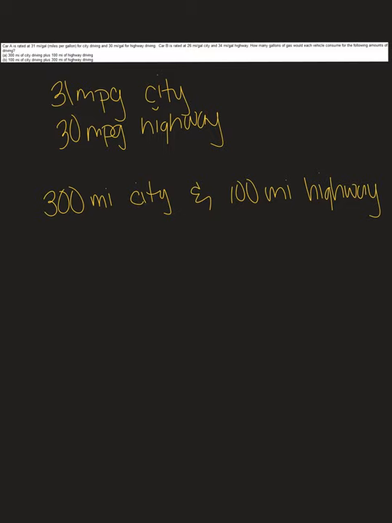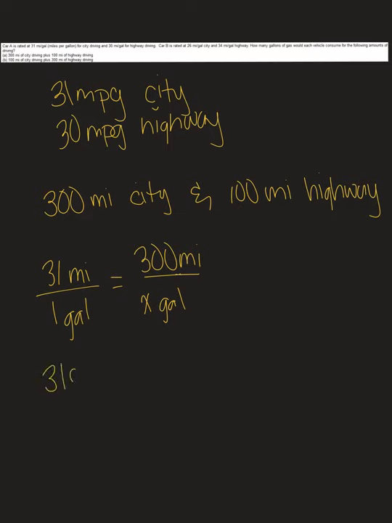So since we know that it's 31 miles per gallon in the city, I can set up a proportion and do 31 miles per 1 gallon. So how many gallons for 300 miles? You're going to cross multiply to solve. So 31x equals 300.